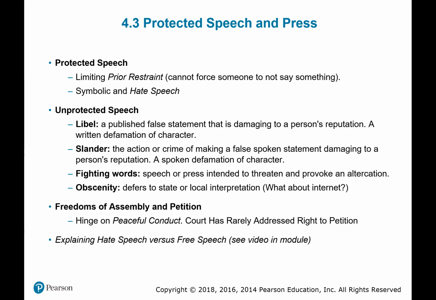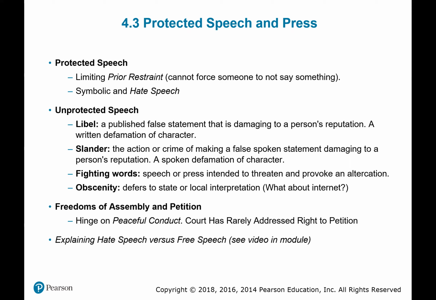So unprotected speech is libel, and libel is published, so printed, and it could be not necessarily printed in the old-fashioned press, newspaper, but it could be online or through media, through television, etc. And libel would be a published false statement that is damaging to a person's reputation, a written defamation of character.